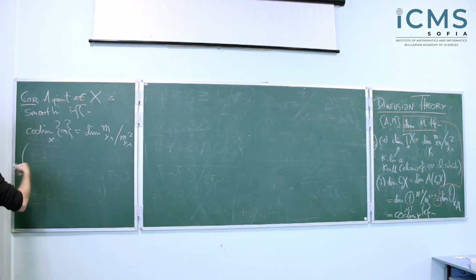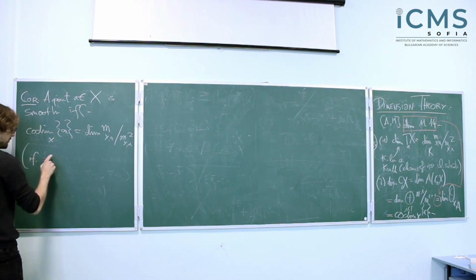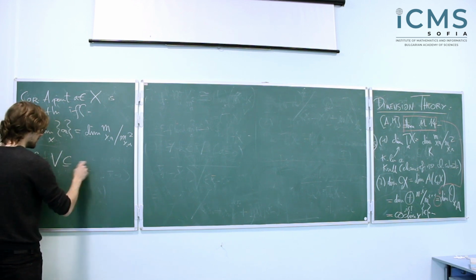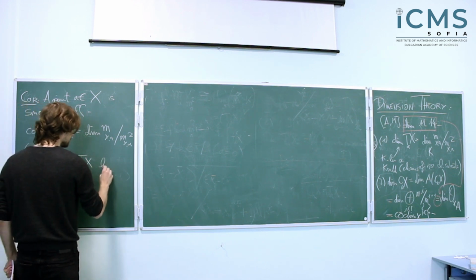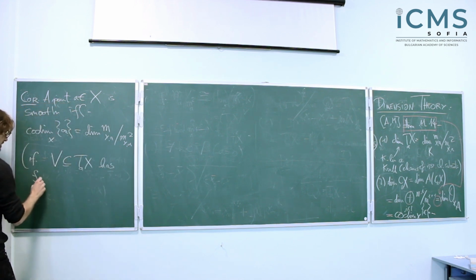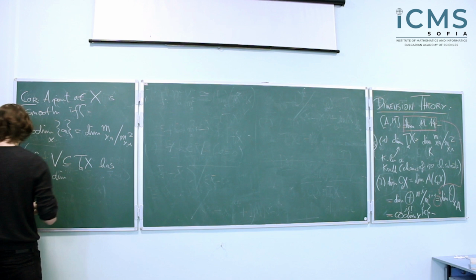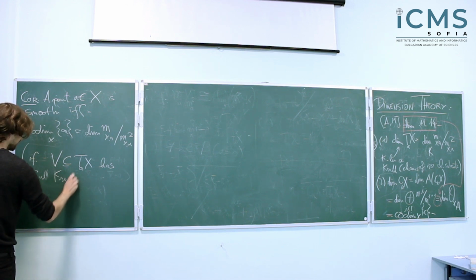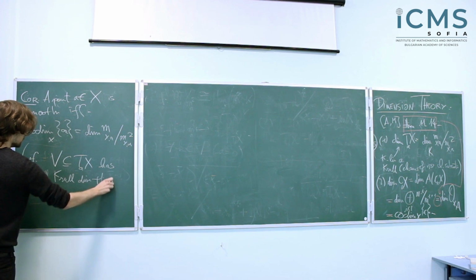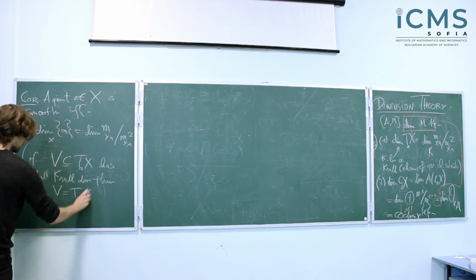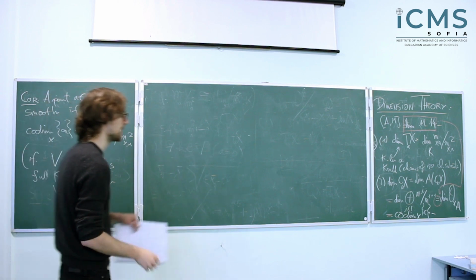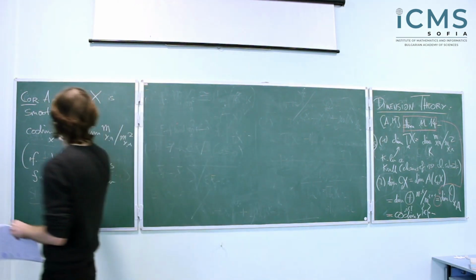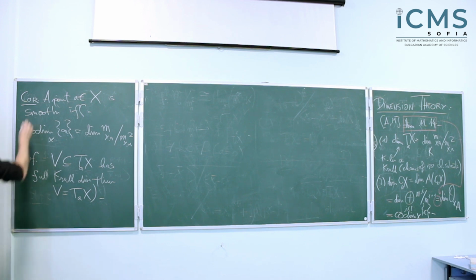So the last ingredient is that if it has full dimension, full codimension, we get a numerical criterion to establish if a point is smooth or not.